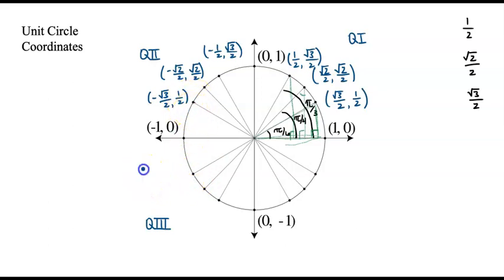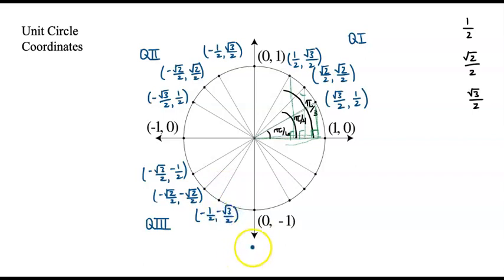And so we can call this negative √3 over 2, negative 1/2. This point's going to be negative √2 over 2, negative √2 over 2. And this point right here is going to be negative 1/2, negative √3 over 2.